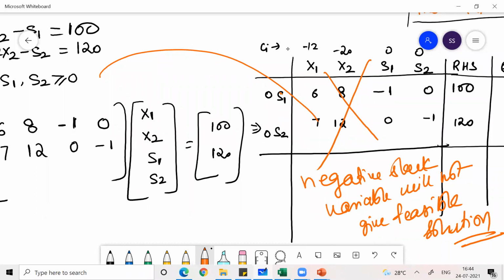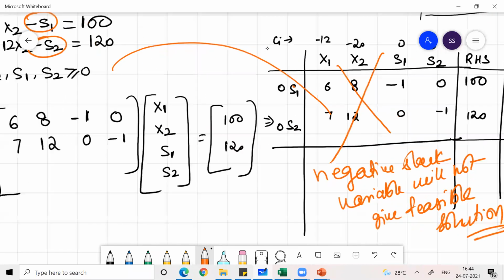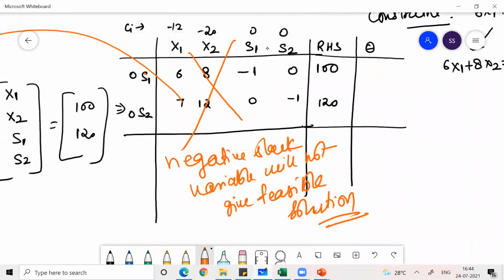So if you have a problem like this and you introduce a negative slack variable into the equation to make the constraint an equality, removing the inequality sign, then you cannot put it into the iteration table.